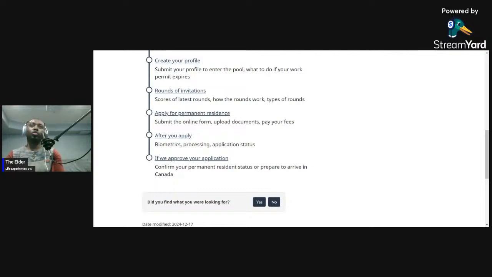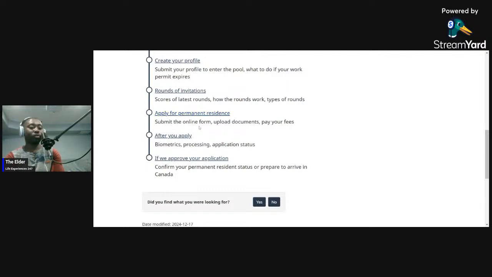And they will also make you do your medicals, but that is afterwards. After you submit the application, then later you receive a letter to go and do your medicals too. So basically, these are the documents that they require. Once you receive your invitation, you apply for the permanent residence.